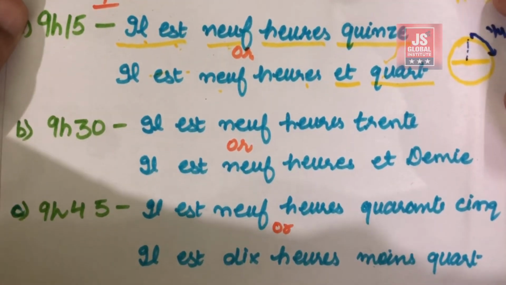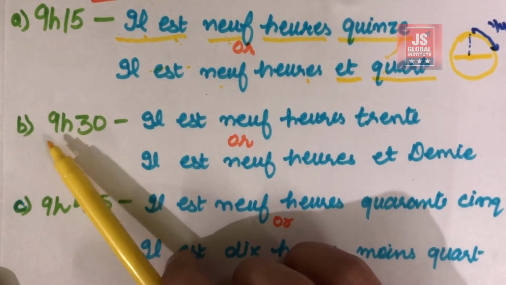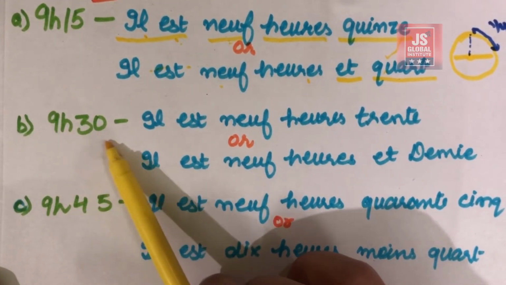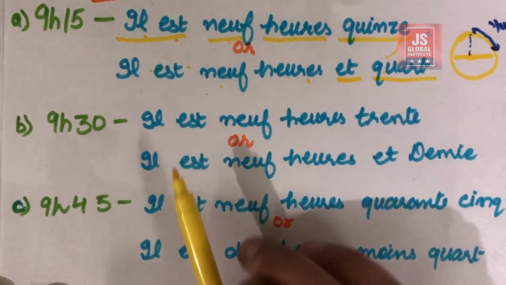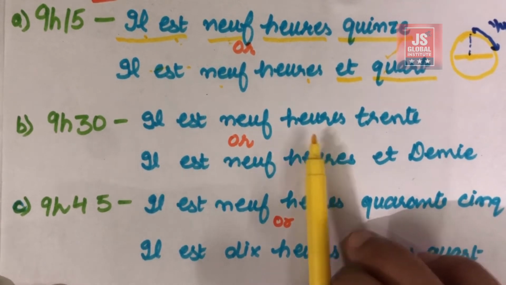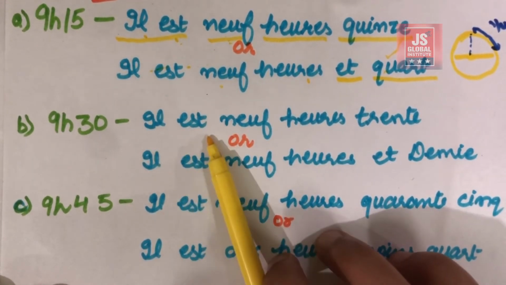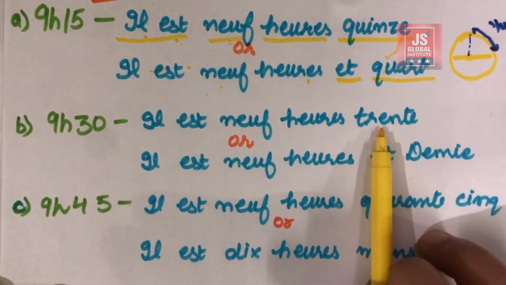The next example is 9 hours and 30 minutes. So how will you represent it in French? You will say il est 9 heures 30. Il est means it is, 9 heures, 9 hours, 30.